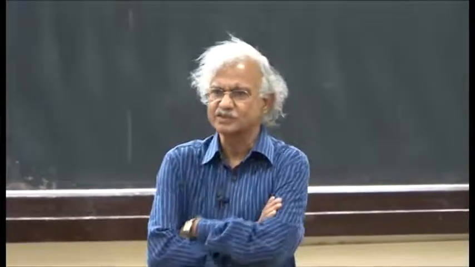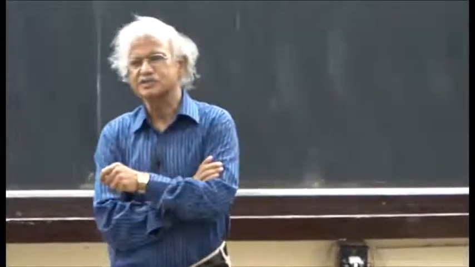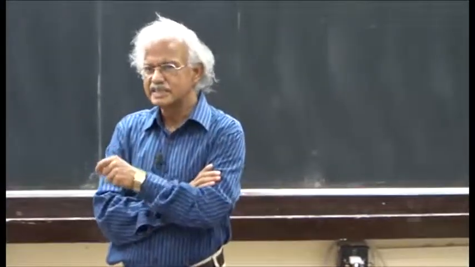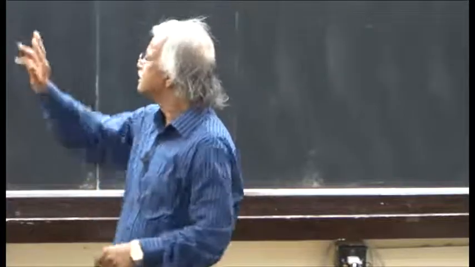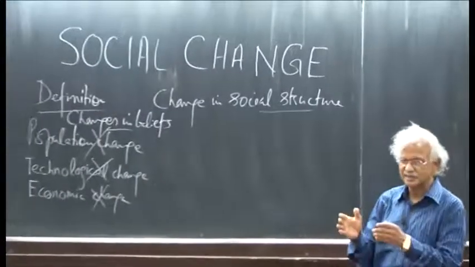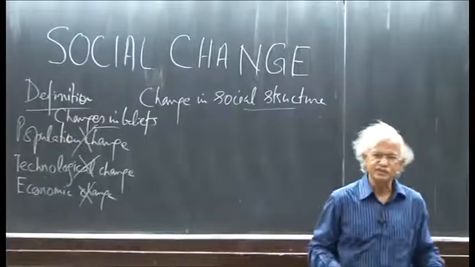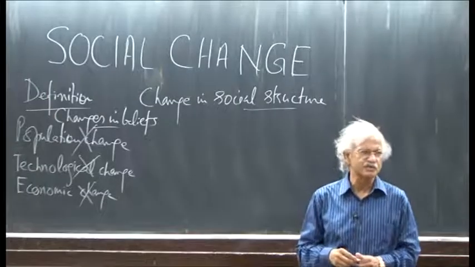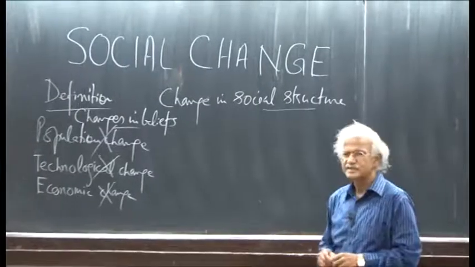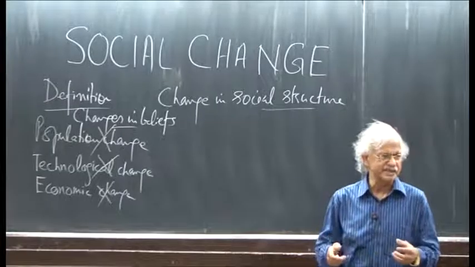This is one approach. According to this, social change refers to a change in structure of society. Social change is synonymous with change in social structure. But other books which take a broader view of social change define it in a more inclusive manner.